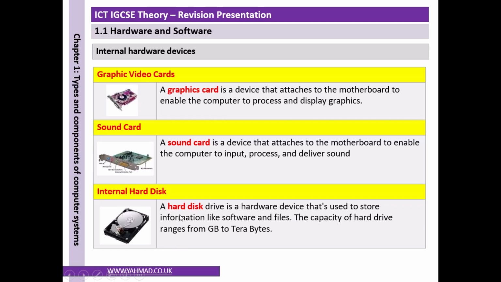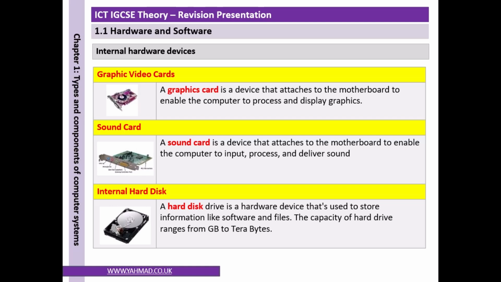And then we have got the hard disk. Hard disk drive is a hardware device that is used to store information like software and files. The capacity of the hard drive ranges from gigabyte to terabyte. Now, the biggest we have is called petabyte, which is normally abbreviated as PT.